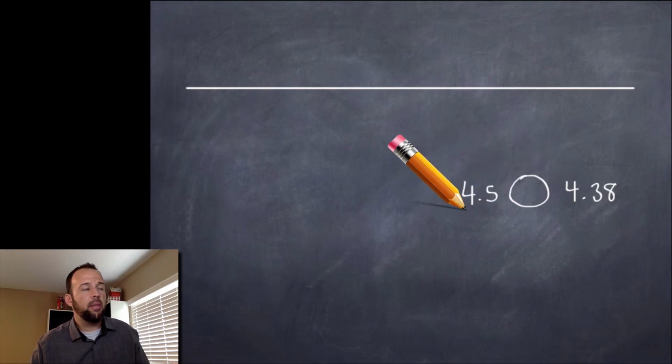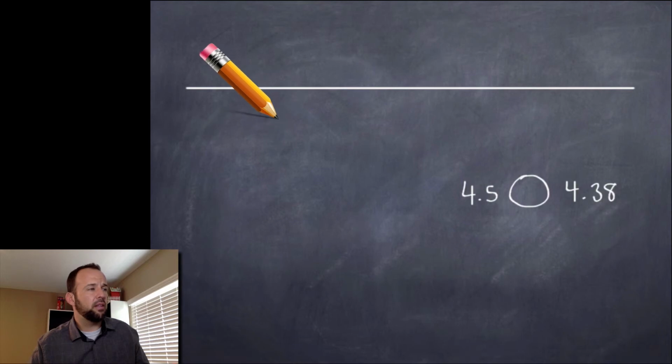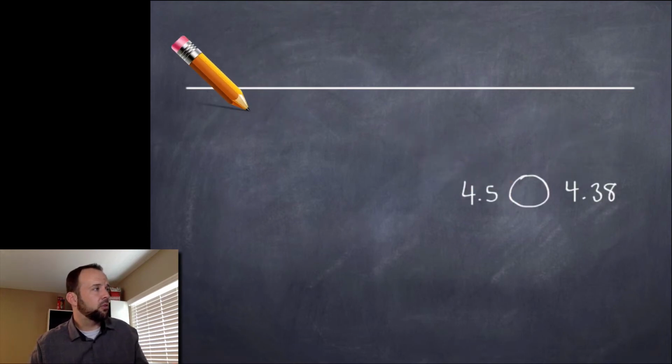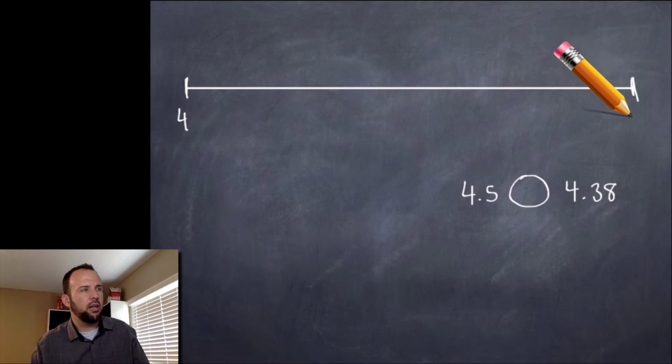So we can compare them, and let's see, if I was going to mark the end points of this, I know that my numbers are in between 4 and 5. So I'm going to start over here with 4, I could come down here and put 5. And really, I could probably even go smaller with that, but let's just see.